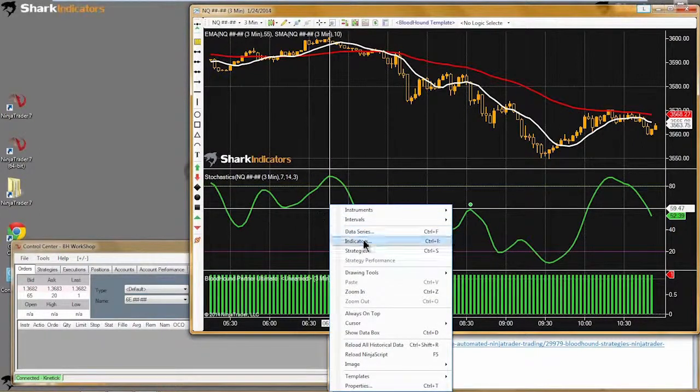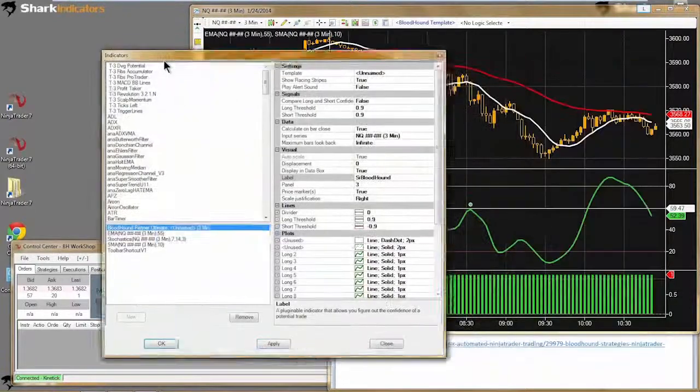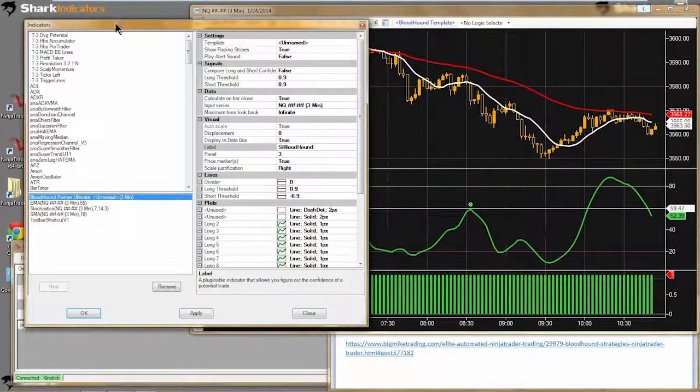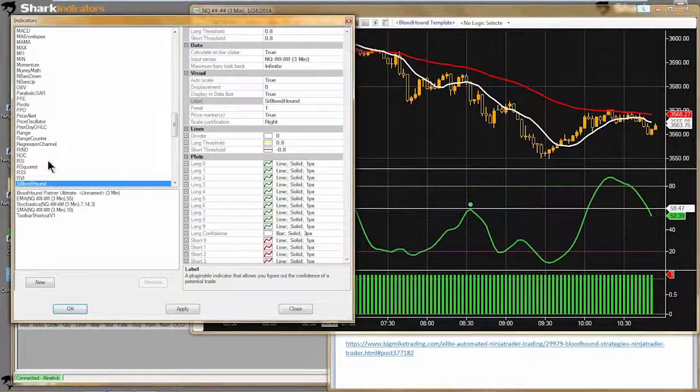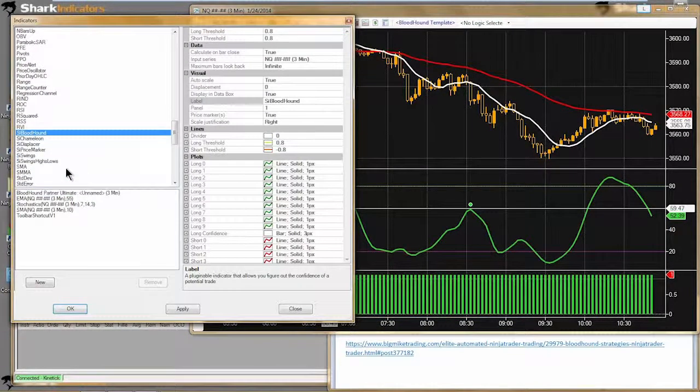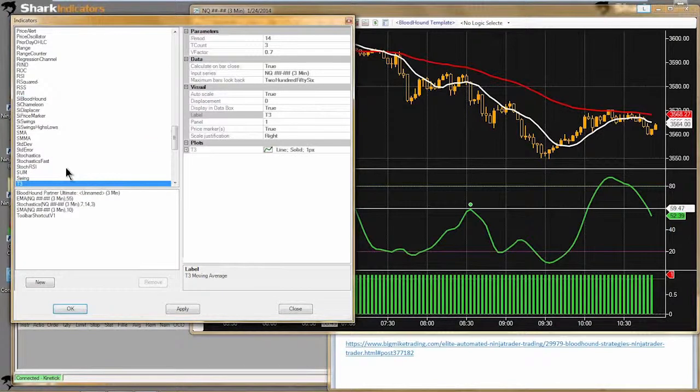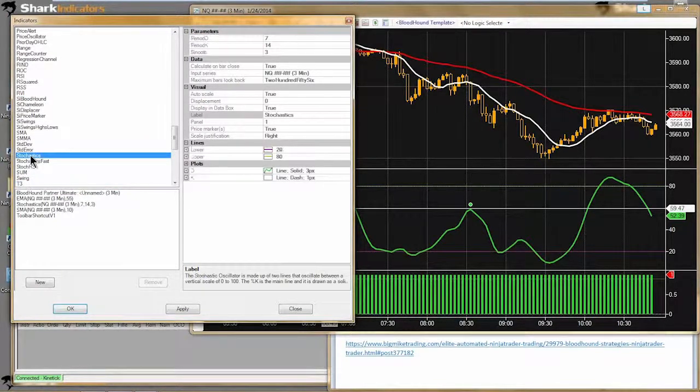So one way that you can help visualize where that stochastic value is, is you just put a second stochastics on top of it. So let me add another stochastics. I'm just using 7, 14, 3, 7, 14, 3. Great.